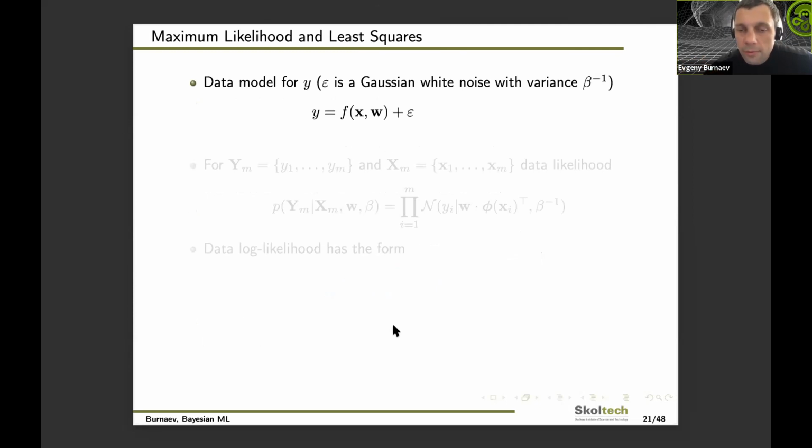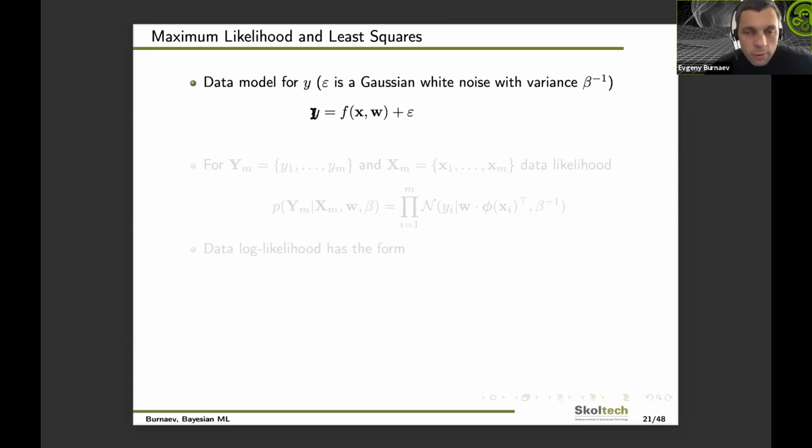First of all, before going into detail with the Bayesian linear regression, let us discuss how we define the likelihood for the linear model, and let me explain why the likelihood maximization is equivalent to the so-called least squares problem. So the data model for the output value y is given by this expression here.